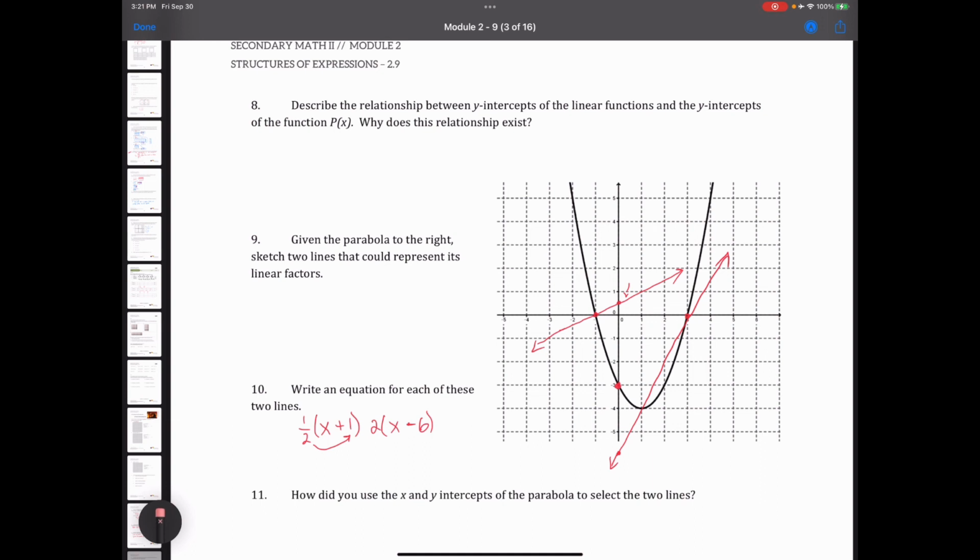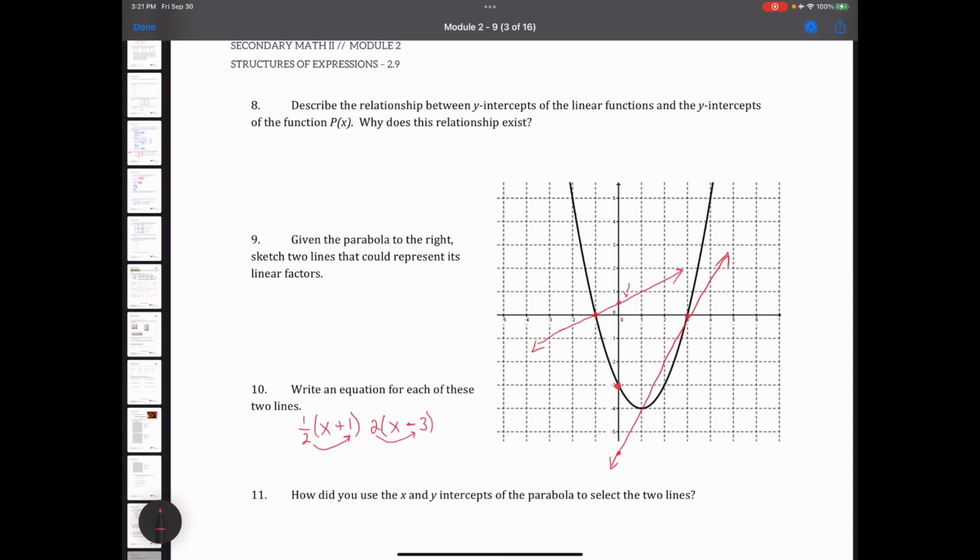Or, because the y-intercept would have to be 3, when I multiply that through, it'll get to 6, right? So there are some factors.